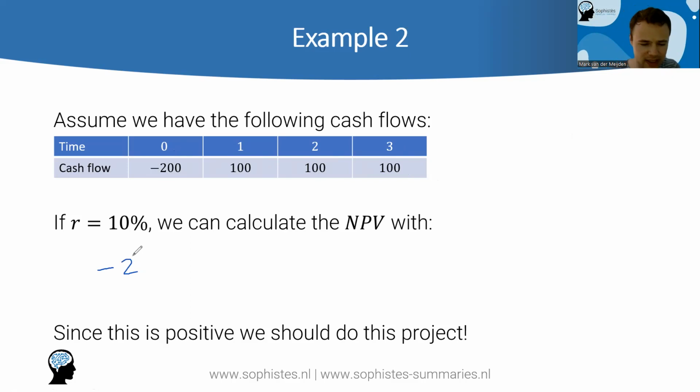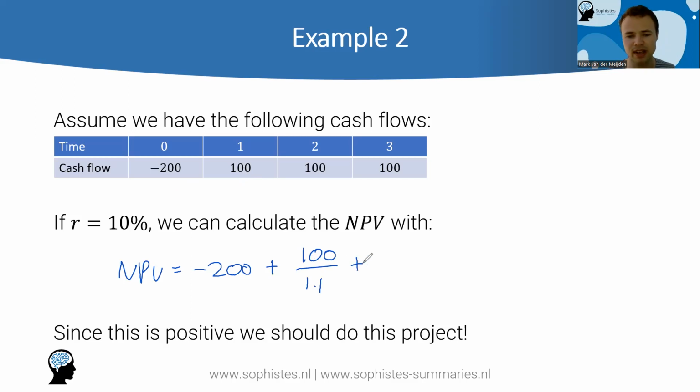So I start by writing down NPV is minus 200 plus this 100, but this 100 has to be converted 1 year back into the present. So I divide it by 1 plus r only one time.